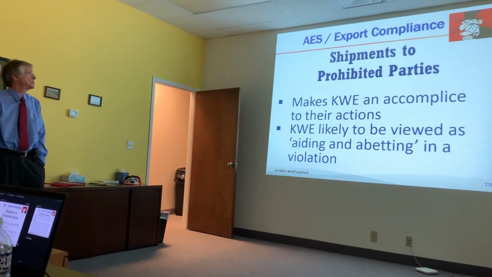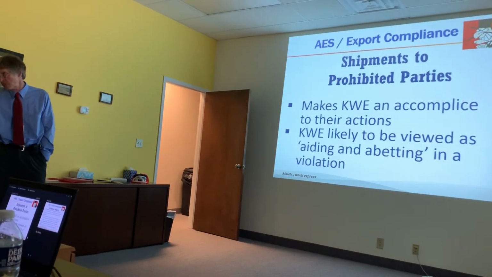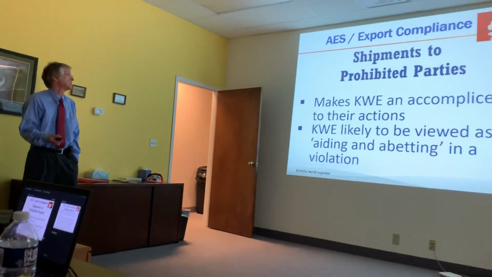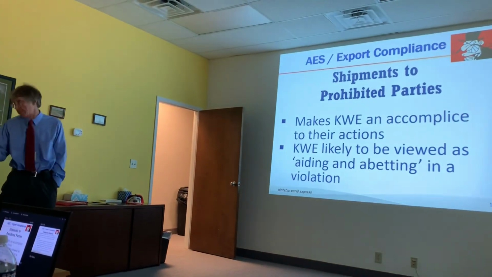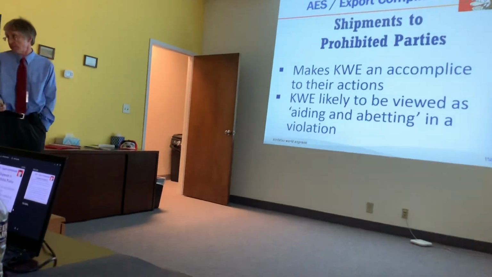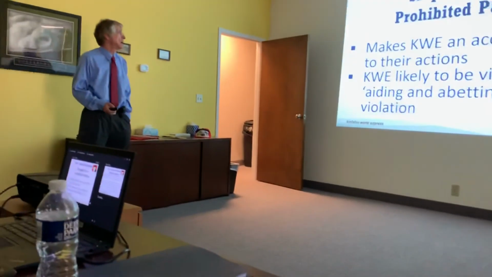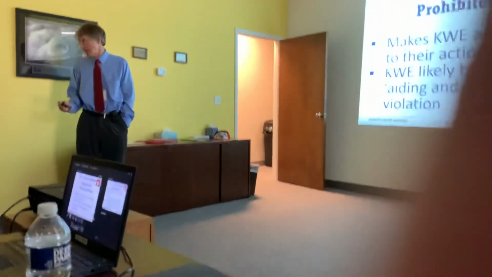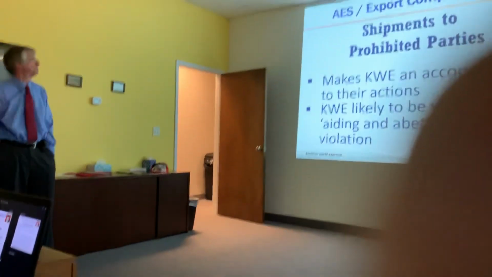The problem is, if we do business with these people, well, then our government sees us as being an accomplice to the actions of these nefarious entities. We are to be viewed as aiding and abetting in a violation, and that's not good.